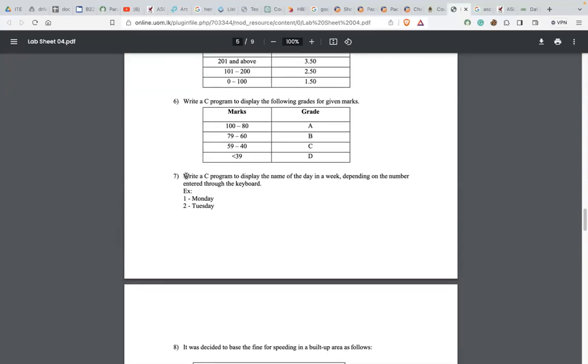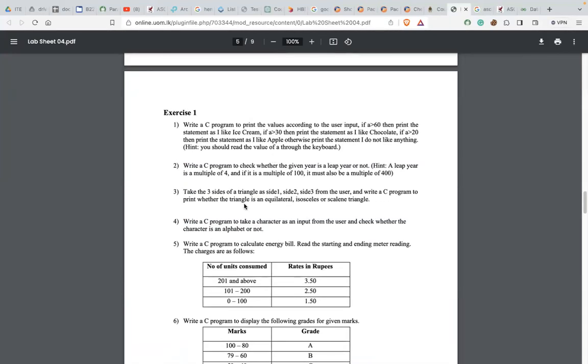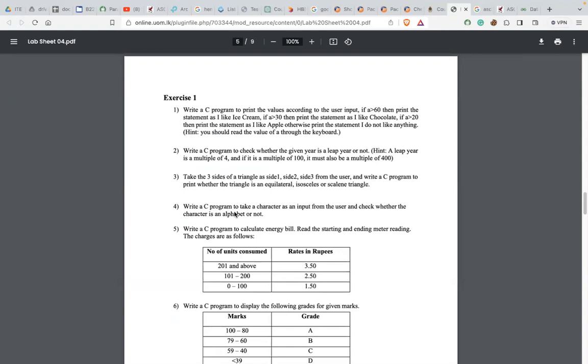Okay, this is the example I did in the switch case statement: write a C program to display the name of the week depending on the number entered on the keyboard. However, this you have to do with the if-else ladder. Exercise 1, question 4: write a C program to take a character as input from the user and check whether it is an alphabet or not.